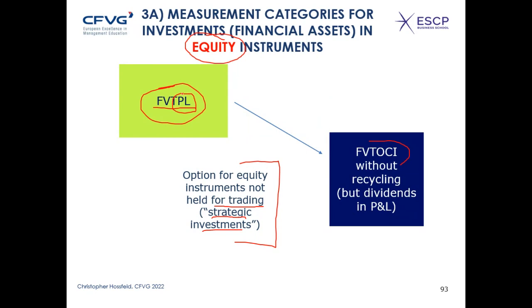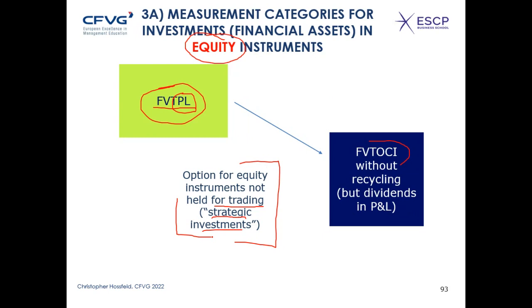But there was a lot of resistance against this type of accounting. Why? Well, indeed, sometimes companies do hold strategic investments over a very long time. And the purpose of those investments is not to be sold on financial markets, but more to create like a strategic link in the long run.